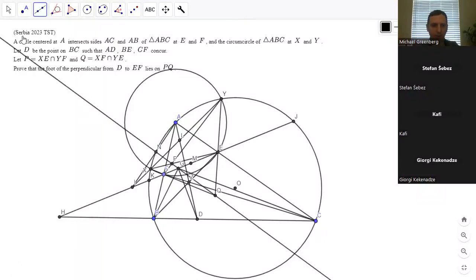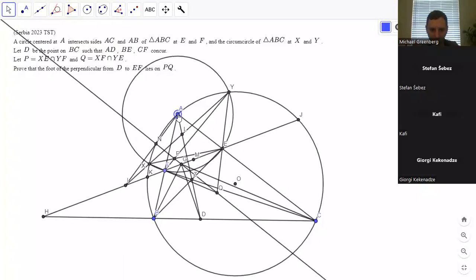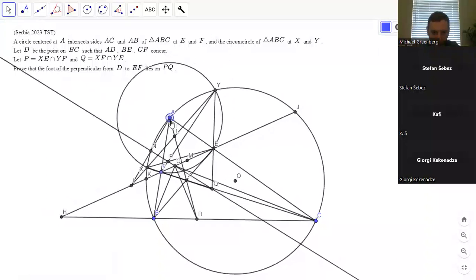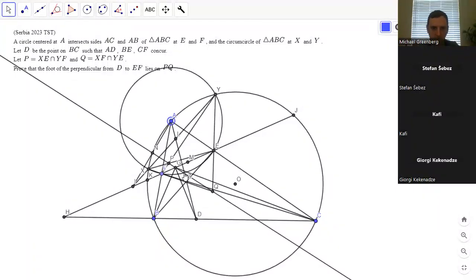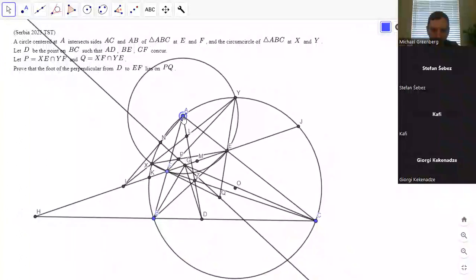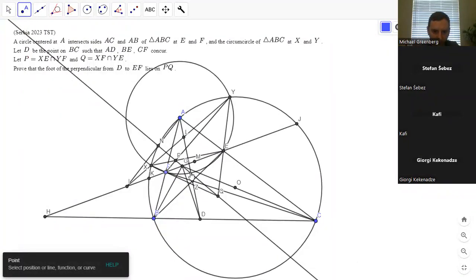It looks like N is collinear with those points. Sounds like that's kind of what Stefan is thinking. And not only that, it seems like these concur there. Okay. Which is kind of interesting.